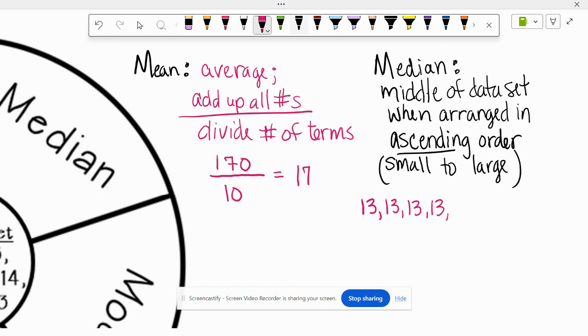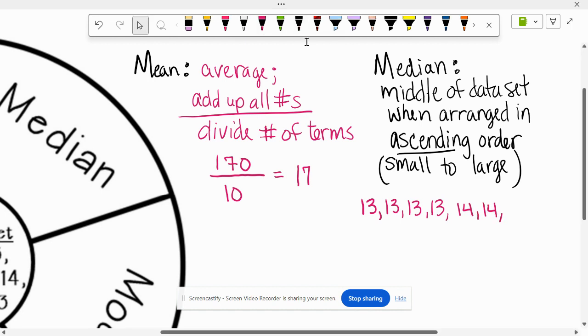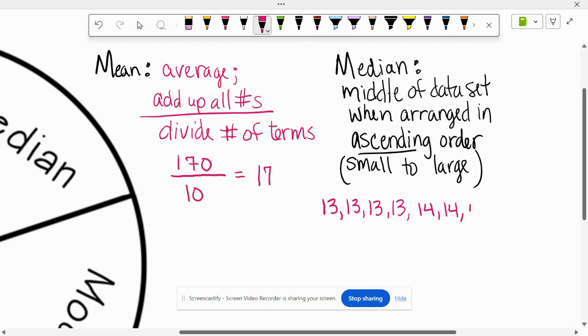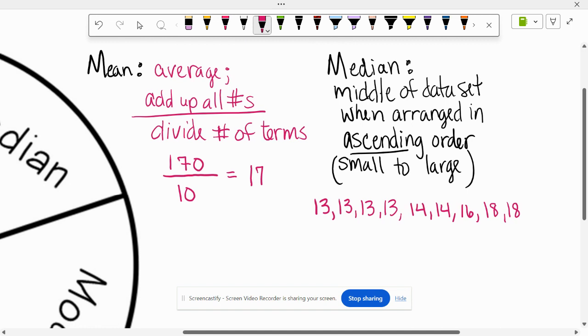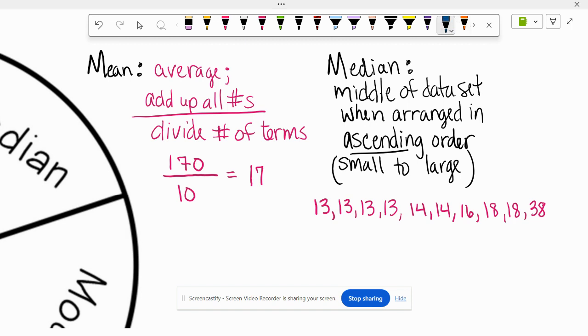Do I have any 14s? Just 1? Good job. Do I have any 15s? What about 16s? 1. 17s? 18s? 2. 19s? What's my next number? 38. Holy cow.